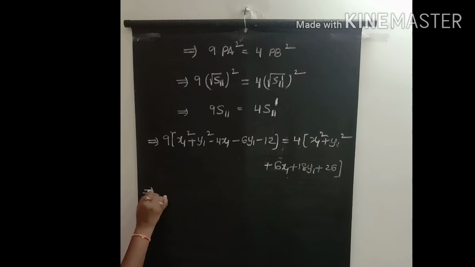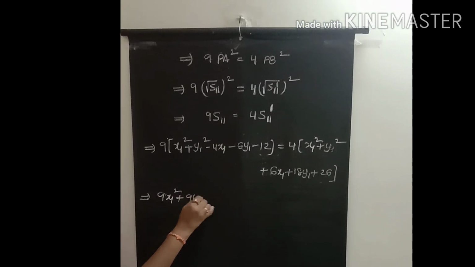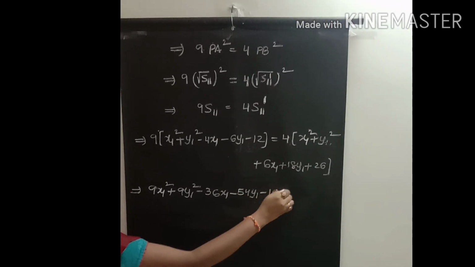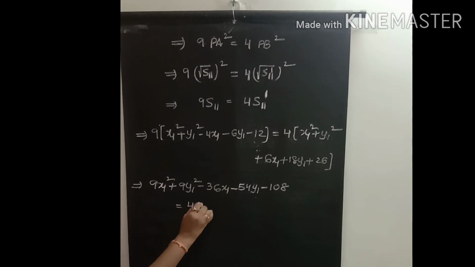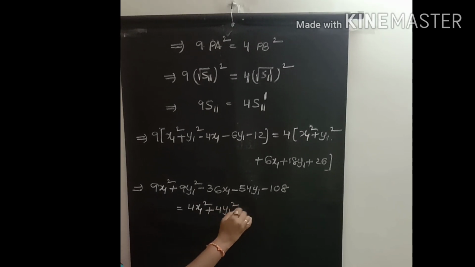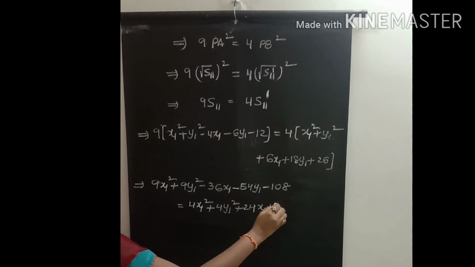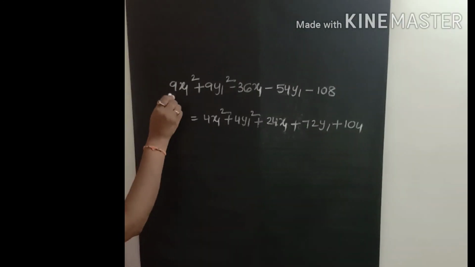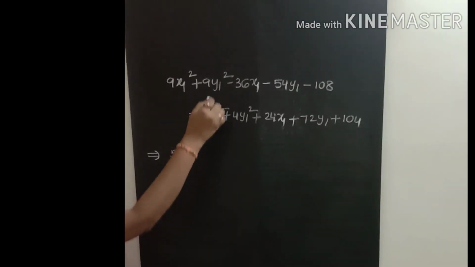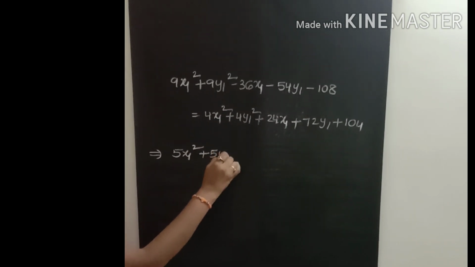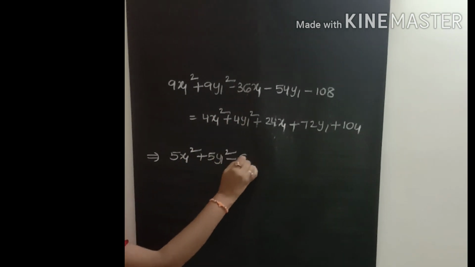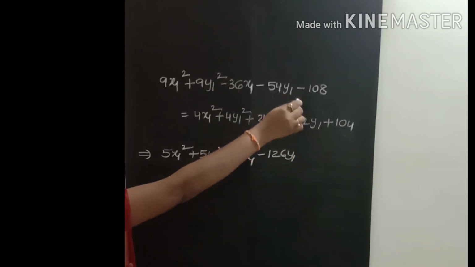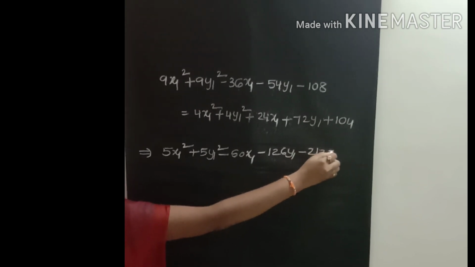Now multiplying by 9 here, 9x1 square plus 9y1 square minus 36x1 minus 54y1 minus 108 equals 4x1 square plus 4y1 square plus 24x1 plus 72y1 plus 104. So 9x1 square minus 4x1 square is 5x1 square, 9y1 square minus 4y1 square is 5y1 square, minus 36x1 minus 24x1 is minus 60x1, minus 54y1 minus 72y1 is minus 126y1, minus 108 minus 104 is minus 212, equals 0.